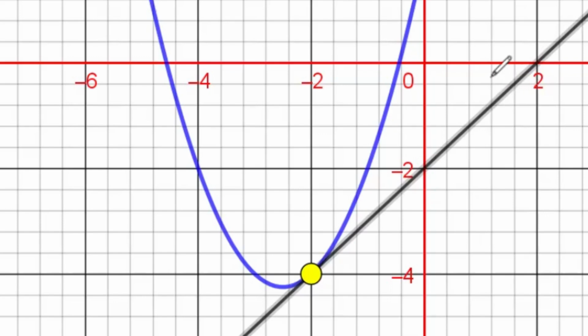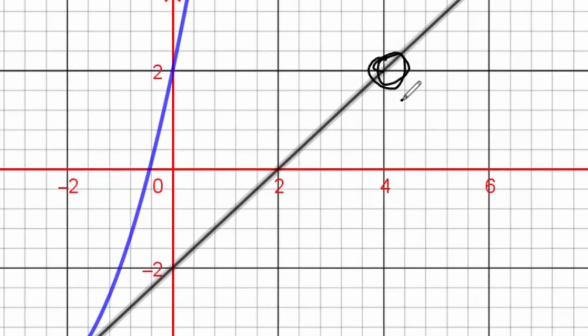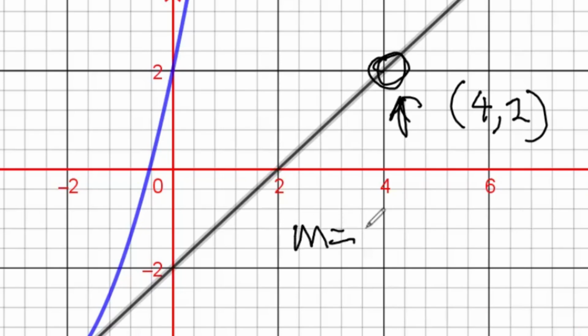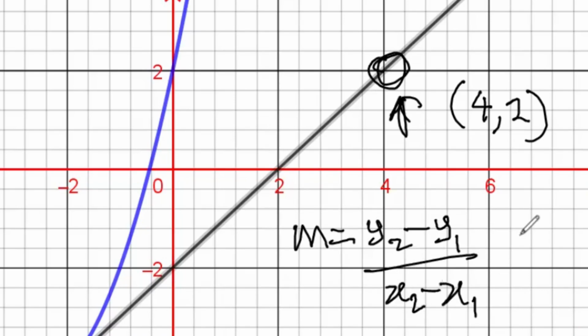We can pick the point given, which I normally love to use, and another point, where s is 4 and y is 2. I will find my slope using the formula y2 minus y1 all over x2 minus x1.